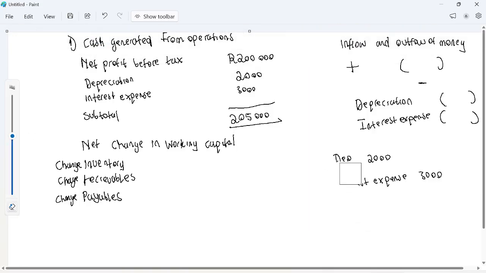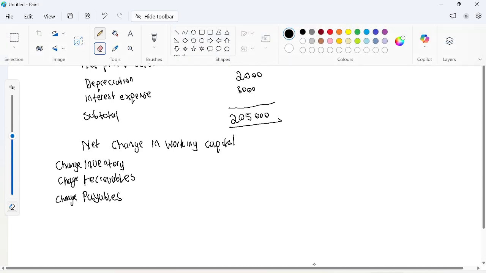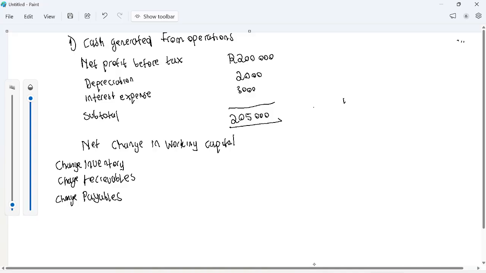Now I'm going to teach you how to interpret these changes. Let me quickly erase here. So how are you going to interpret these changes? For instance, let's say this is 2021 and this is 2022, and 2022 is our current year.